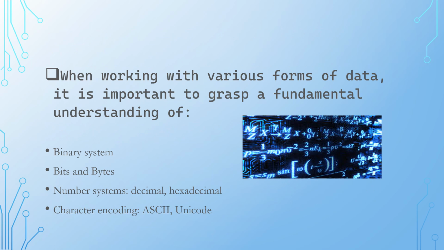When working with various forms of data, it is important to grasp a fundamental understanding of first, the binary system; second, bits and bytes; number systems, decimal and hexadecimal; and character encoding, ASCII and Unicode.